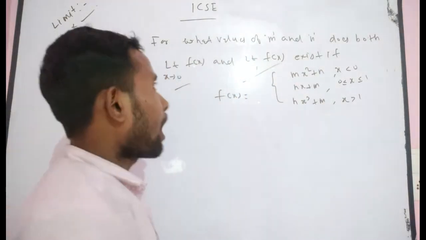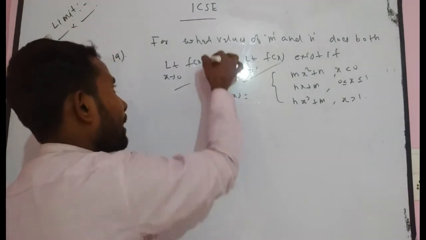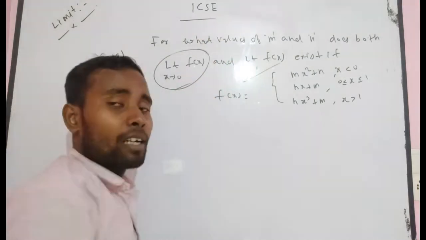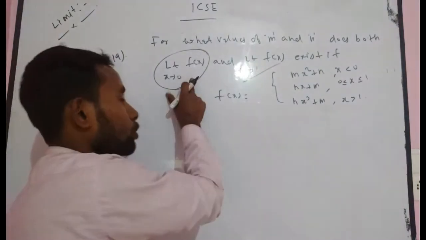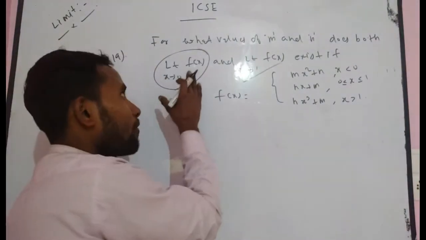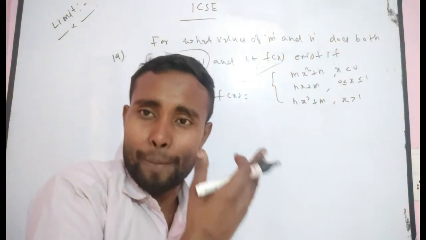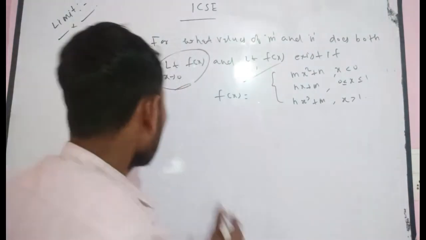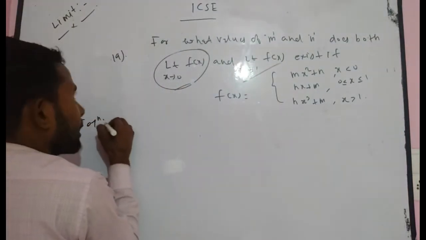That means now you have to check one by one. If the limiting value of f(x) at x equal to 0 exists, then LHL of f(x) at x equal to 0 and RHL of f(x) at x equal to 0 will be the same.